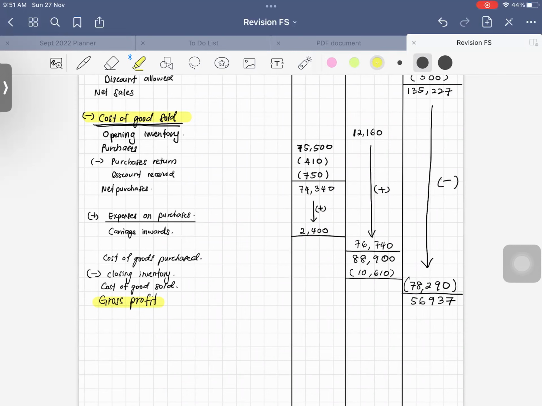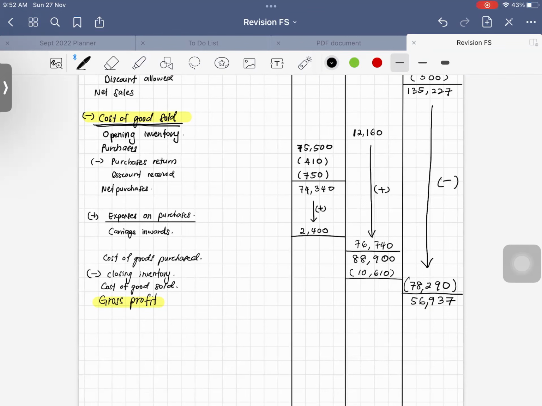Your gross loss later it will be in bracket lah. So now we get gross profit sebab once we minus kita dapat positive figures. Belum habis lagi. The purpose of preparing our statement is actually to find our net profit. Sekarang baru gross profit, belum dapat net profit lagi ya.